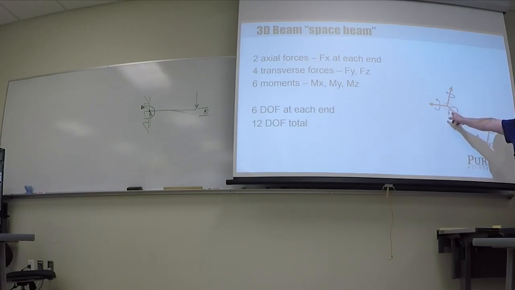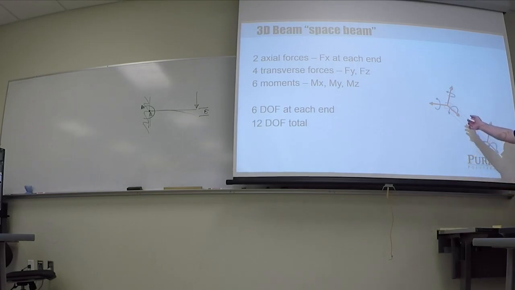If we're going to be in 3 dimensions, we need bending in 2 perpendicular directions at each end, so that's the 4 transverse forces. And then we need 6 moments. And if you guys remember back to statics, when we were doing 3-dimensional problems, you had 6 degrees of freedom, 3 forces, 3 moments, and you had to solve the equations of equilibrium for all those. So you've kind of seen this kind of stuff before.